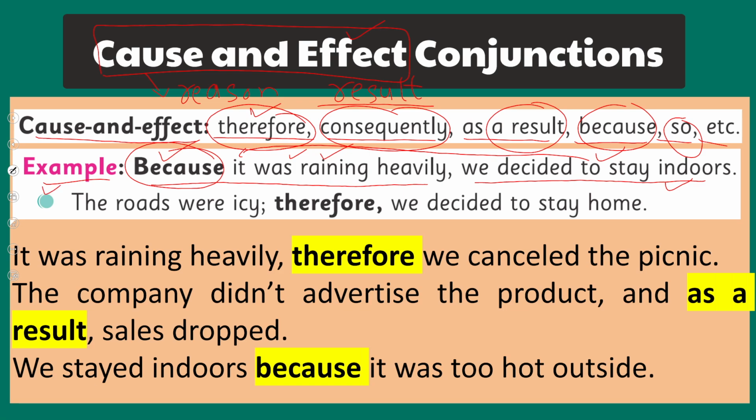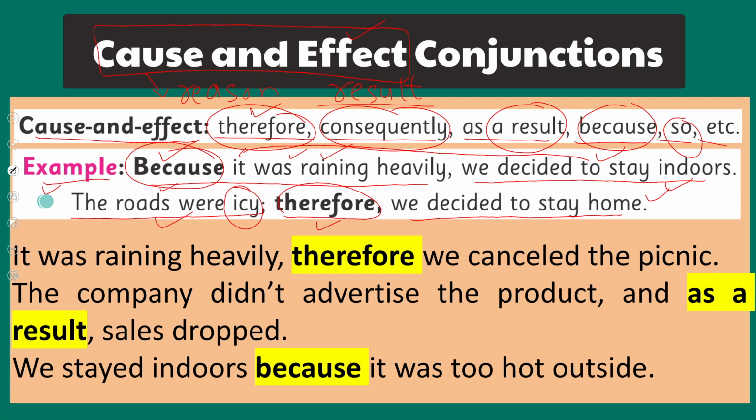Secondly, we have an example. The roads were icy. Therefore, we decided to stay home. Now, therefore is our conjunction that shows the relationship between these two. We decided to stay home. Why? What is the reason for staying at home? Because the roads were icy.